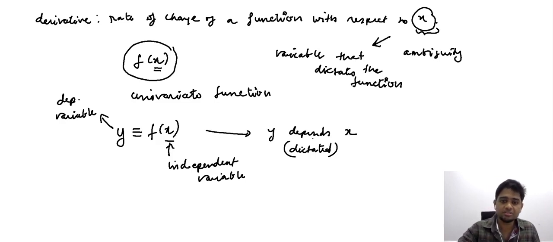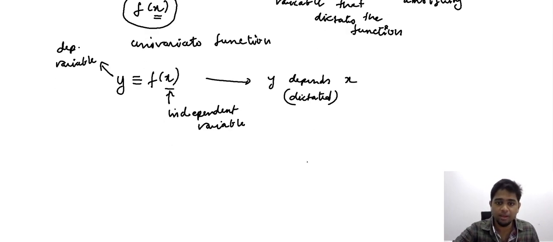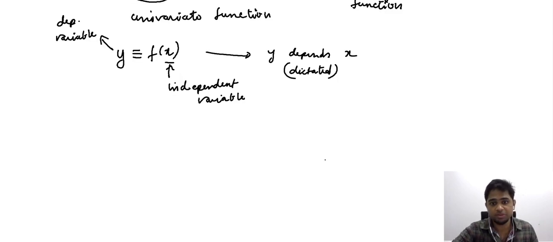Now the question is, how does the value of y vary with respect to x? This expression tells us y is dependent on x, so as x varies, y also will vary. Now the question is, how is this relation? How is y dependent on x? So when x changes, how does y change? That is what essentially we gain from the derivative.